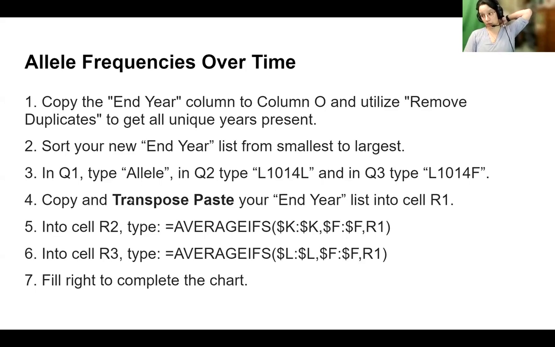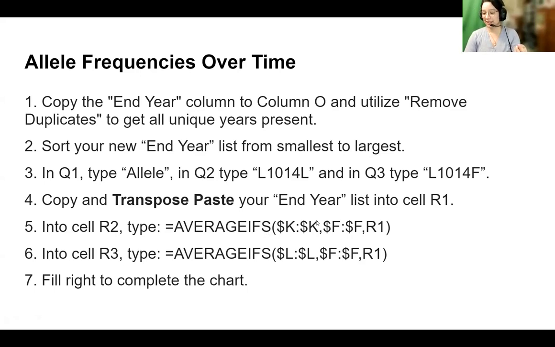And then we're going to make a table of allele, and then our first allele of interest and our second allele of interest, which are included in the data set. And then we're going to transpose paste, which we've done this once before as well, your end year list into cell R1. And then R2, we're using average if again.